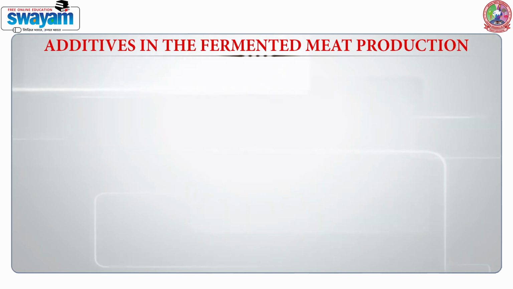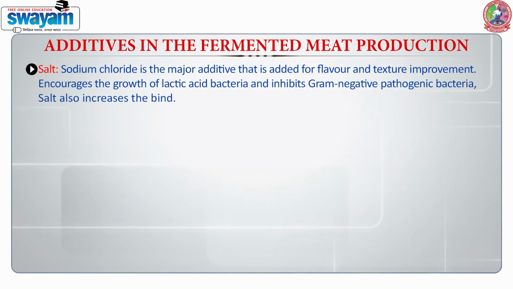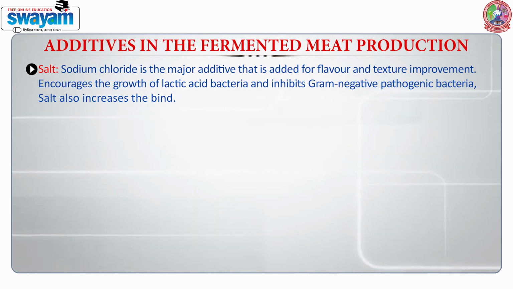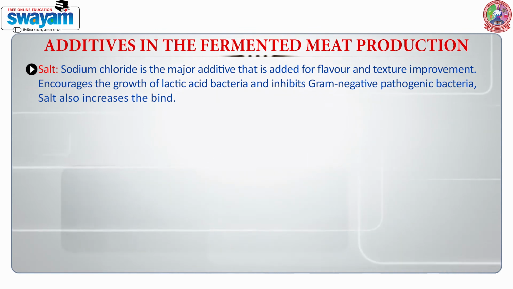There are certain additives which are added in the production of fermented meat products. The salt, or sodium chloride, is the major additive which is added to impart flavor and also to improve the texture of the final product. The role of the salt is to encourage the growth of lactic acid bacteria and inhibit the gram-negative pathogenic bacteria.